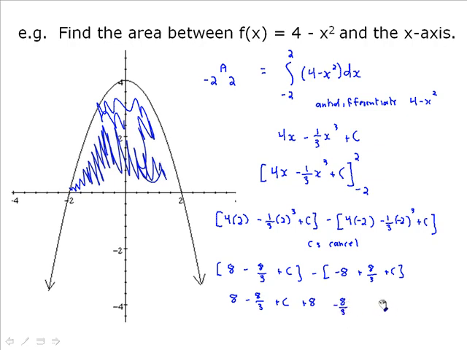And if you get all of those together with a common denominator, you will get 16, and then minus the two 8 over 3's. I believe that gives you 32 over 3. So that's what this whole thing is equal to. So the area is 32 over 3.